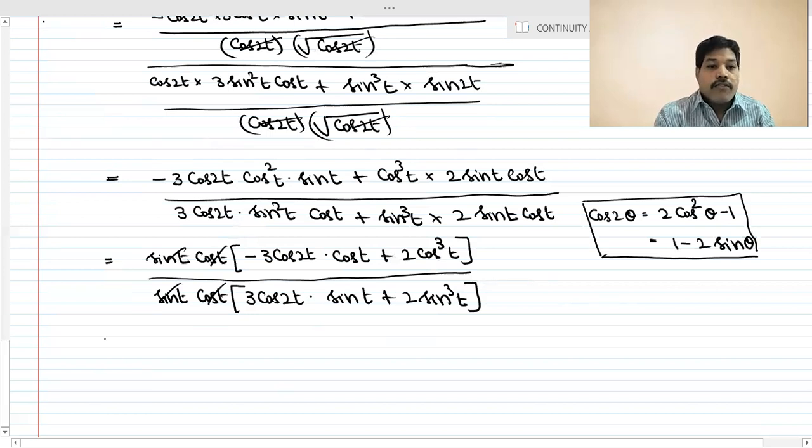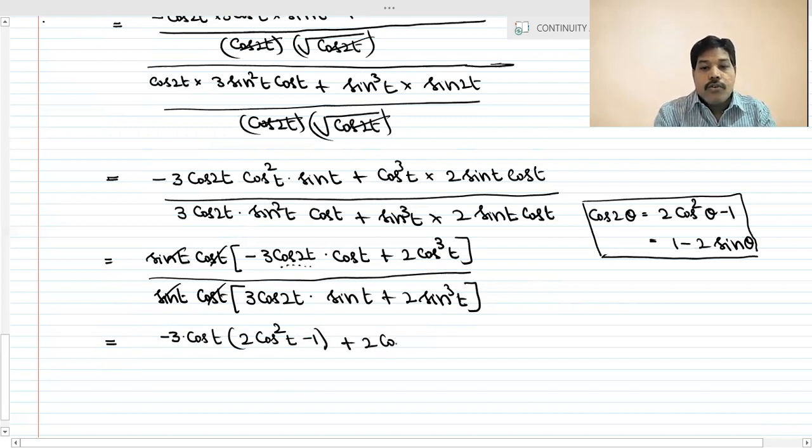So what we will get is minus 3 into cos t. Here for cos 2t, I will use the first formula, 2 cos square t minus 1, plus 2 cos cube t.